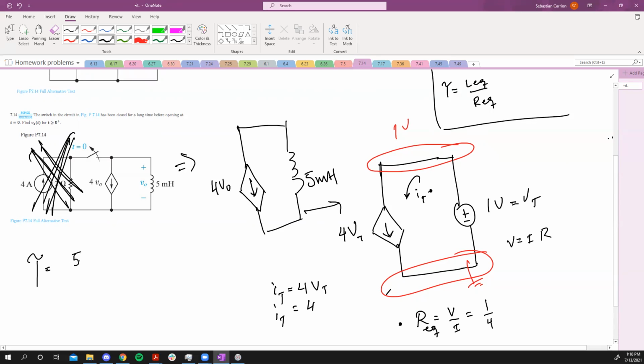So we have 5 millihenry over 0.25, and using our calculator, that is going to be equal to 0.02.